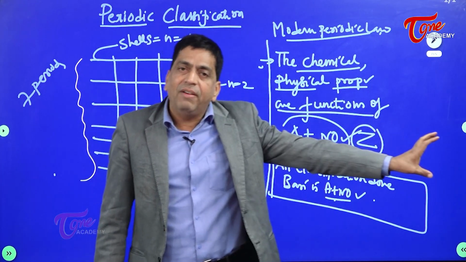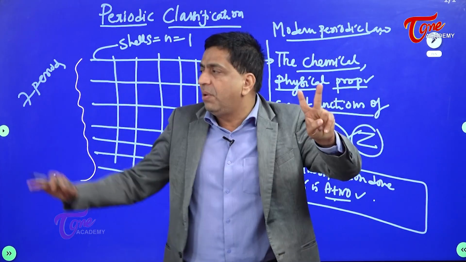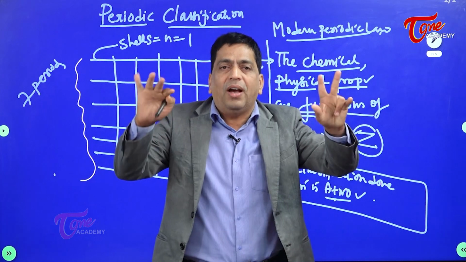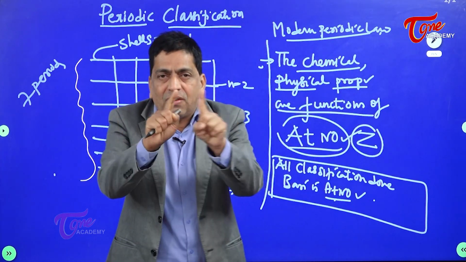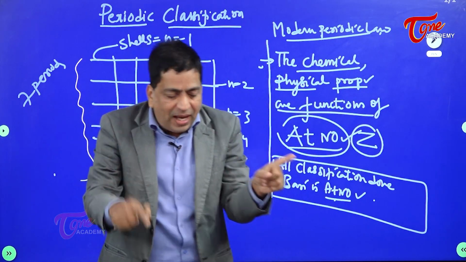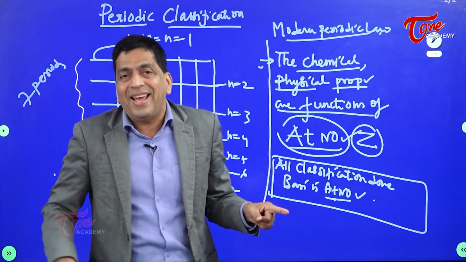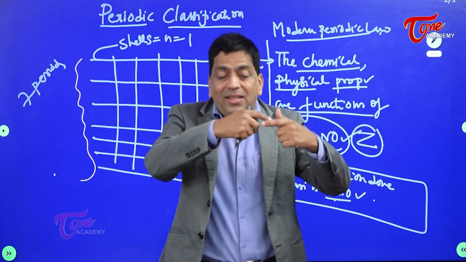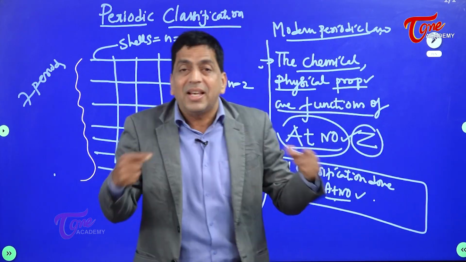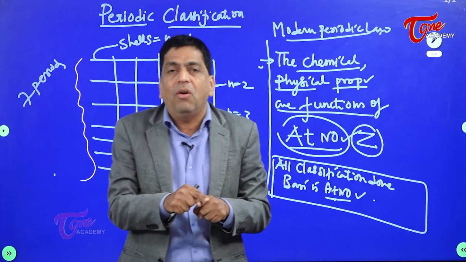S will have 2, P will have 6, so the total is 8, and then in the D block you have 10, so that is 18. That is the 18 groups which I am claiming in the main frame of the periodic table.